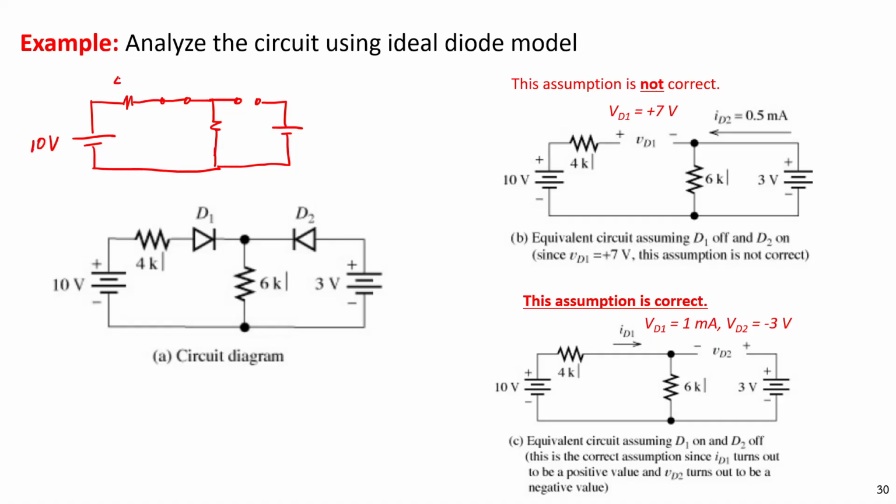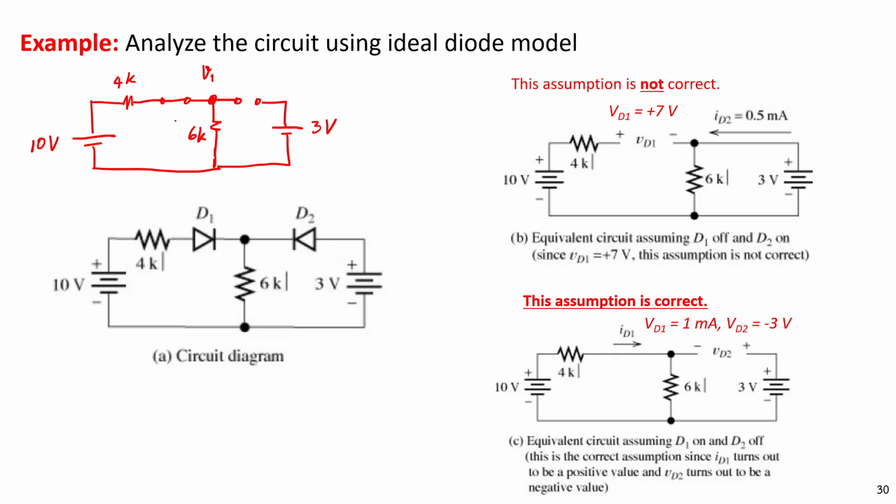This is 10 volt, and this is 4K and this is 6K here, and this is 3 volt. We also have VD here. The voltage here is V1.